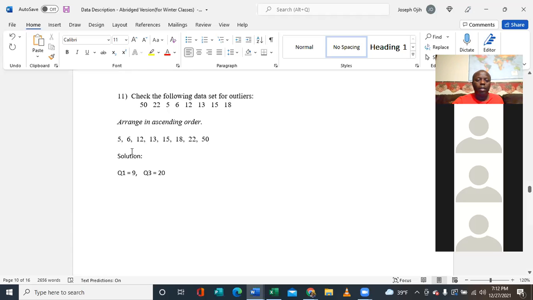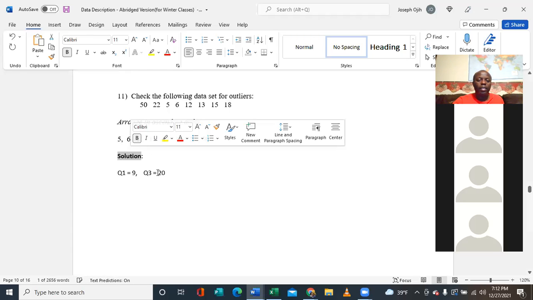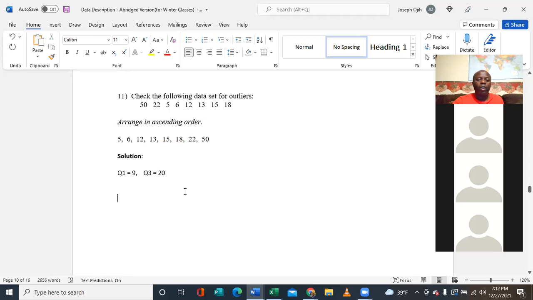Then the next thing is to find the IQR, the interquartile range. IQR equals Q3 minus Q1, which means 20 minus 9, and that gives me 11.